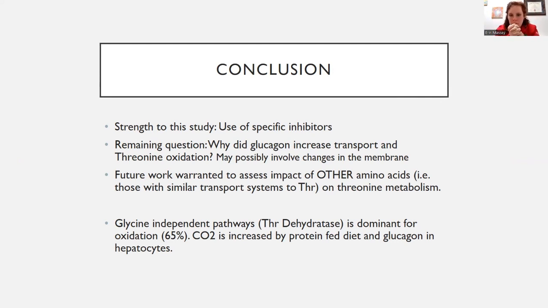Some things that I still want to know: why did glucagon increase transport of threonine oxidation? It says it did, we know it did, but it wasn't really answered in the study. They theorized that it may possibly involve changes in the membrane, and other work needs to be done to look at that.